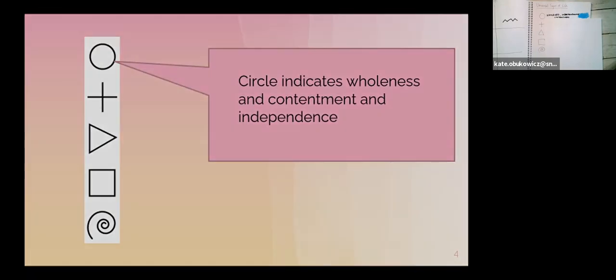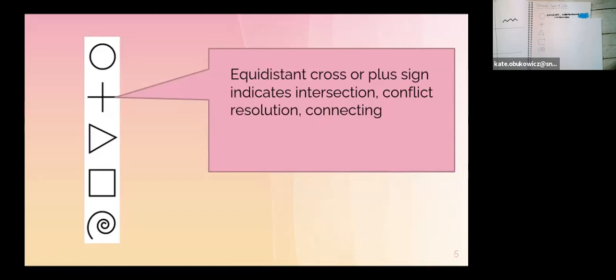So the plus is actually an equidistant cross, and it indicates an intersection, conflict resolution, or connecting. So I'd like you to write that down and then pick a color that is associated with the plus sign.